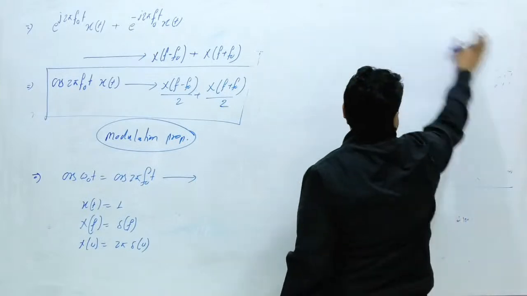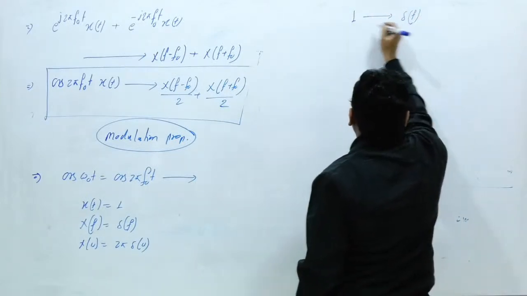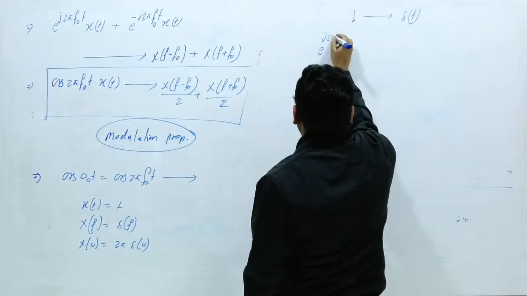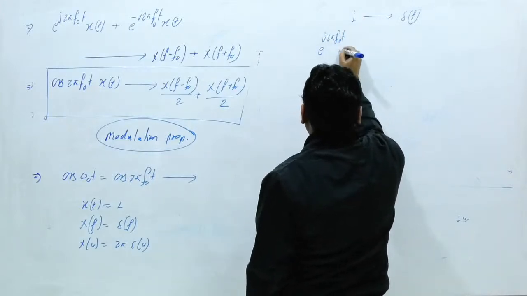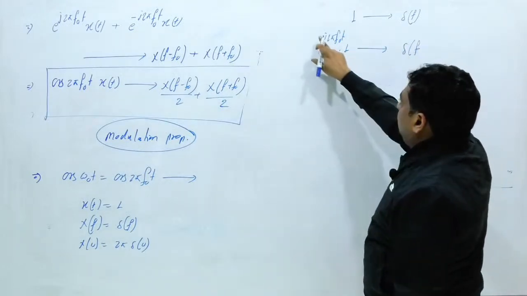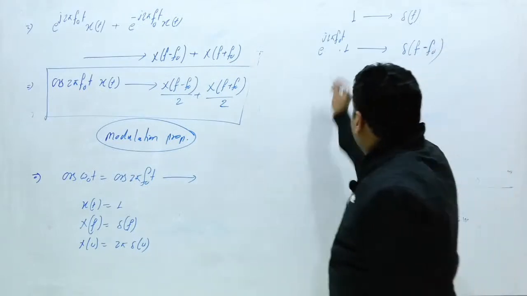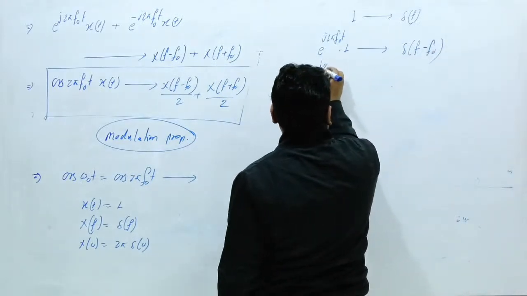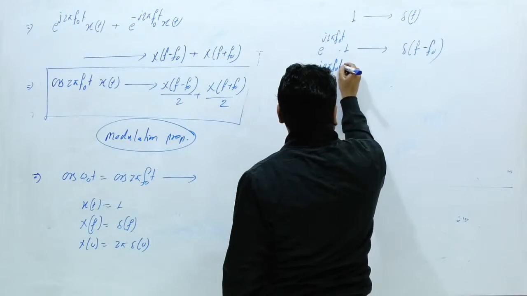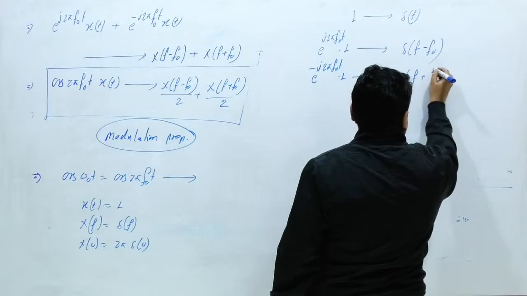So can I write here, what is the Fourier transform of 1? 1 is nothing but del f. So if you multiply here e raised to the power j 2 pi f0 t into 1, what is this Fourier transform? Del will be shifted. Here this is plus, so this will be minus: del of f minus f0. Again, e raised to the power minus j 2 pi f0 t into 1, then what will happen here? Del of f plus f0.